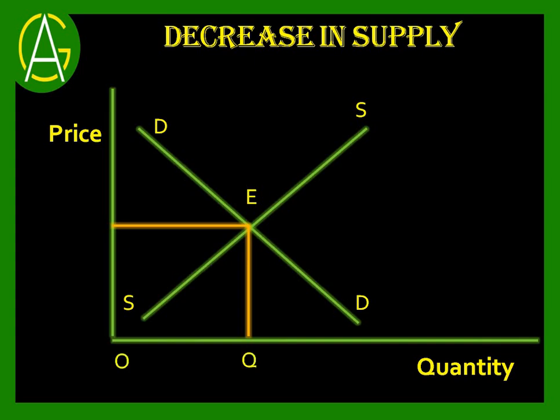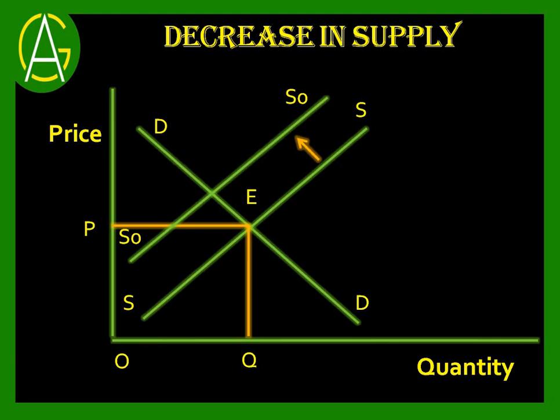OQ is the quantity and OP is the price. Now there is a decrease in the supply. Let us see what happens. As you know, when there is a decrease in supply, the supply curve will shift to the left side. So this is the left side supply curve, S0.